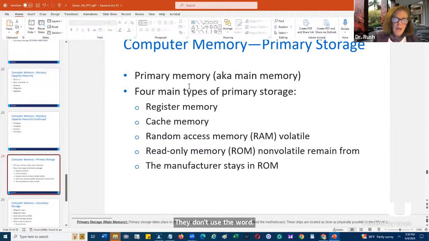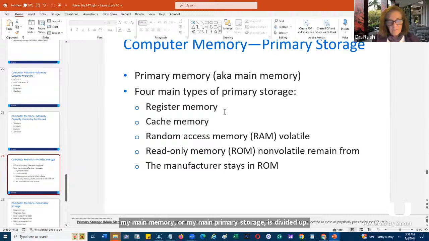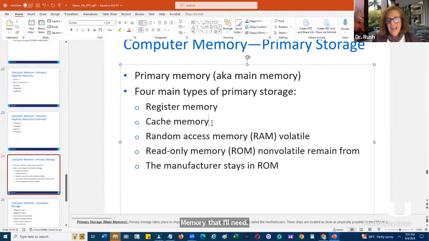And my main memory, or my main primary storage, is divided up into my registers, which I talk about being just that, a small amount of memory that I'll need for that quick calculation. Cache memory, a lot of times you know it, it remains a little bit longer. Have you ever done a search in Google and you start typing and you'll see the word appear? That's stored already in cache memory.